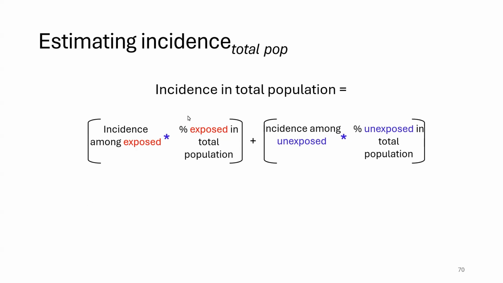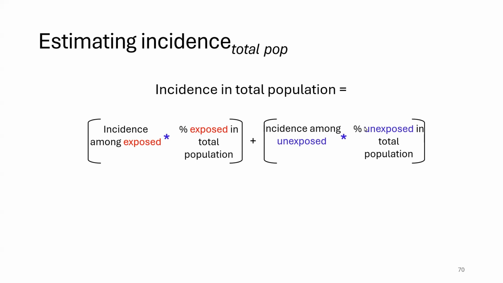So we can calculate or estimate incidence in the total population by multiplying the cumulative incidence among the exposed by essentially the prevalence, so that's the percent exposed in the population, and adding that to the incidence among the unexposed multiplied by the prevalence in the unexposed.